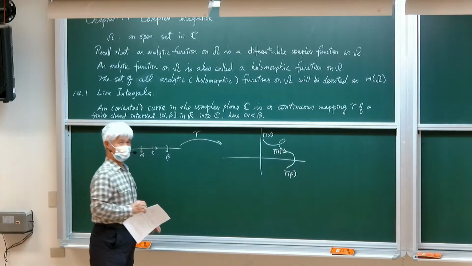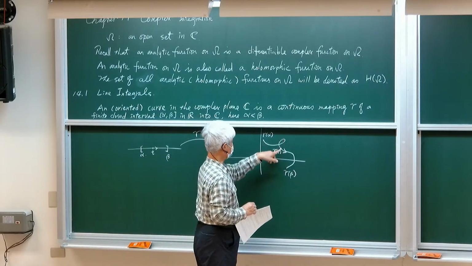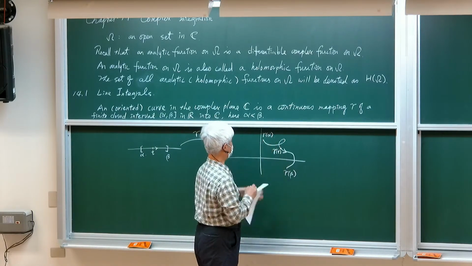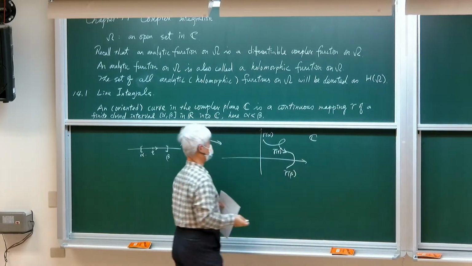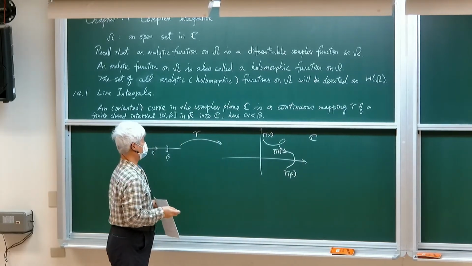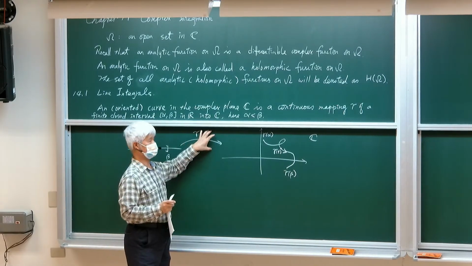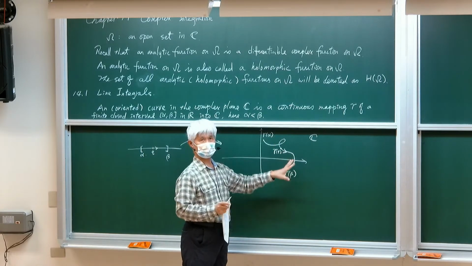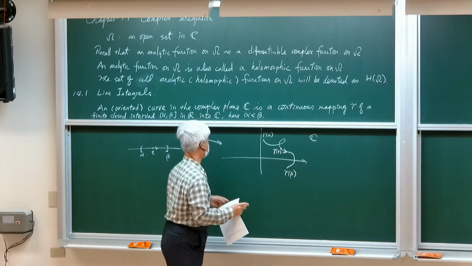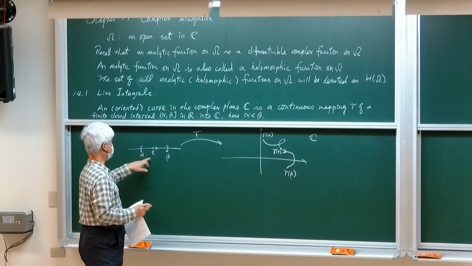So instead of saying the image, the point set in the complex plane, we define a curve as a mapping itself, to describe the movement of the point as the parameter t moves from alpha to beta.